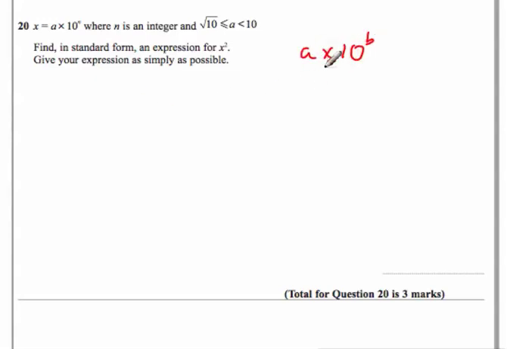This is just generally, okay. Where a is a number, this has to be between 1 and 9, doesn't it? Okay, and that's something that I just want you to bear in mind while we're doing this question. This number here, for it to be in standard form, needs to be between 1 and 9. Okay?